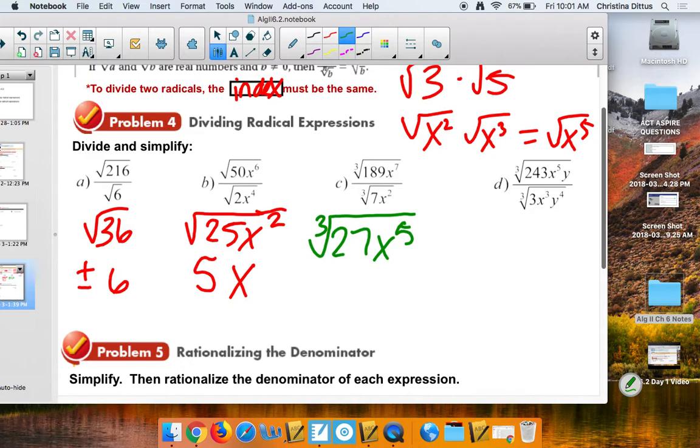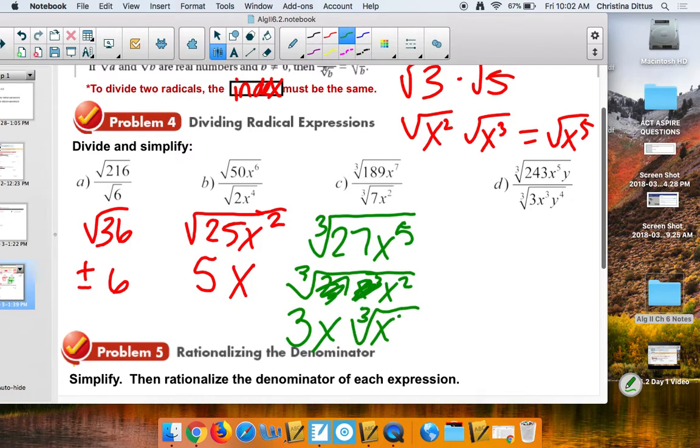Is x to the 5th okay to go with cubed root? No, I gotta break it down to what? x cubed, x squared. You said I can bring out 27, if I bring it out, what is it? 3. My x cubed can come out and become x, and what do I gotta do with my x squared? Leave it in my cubed root.